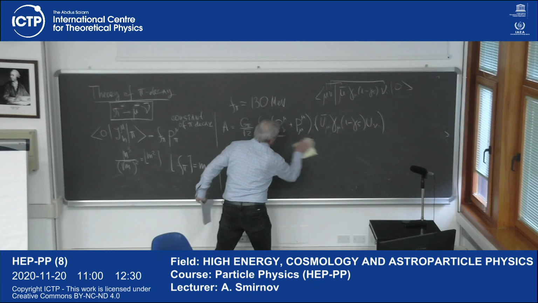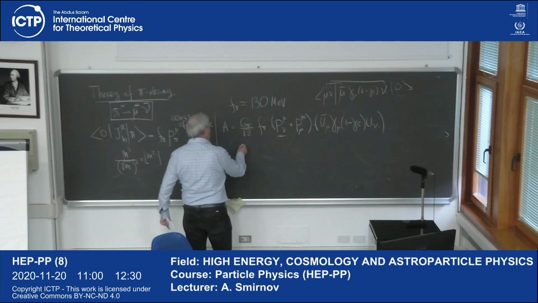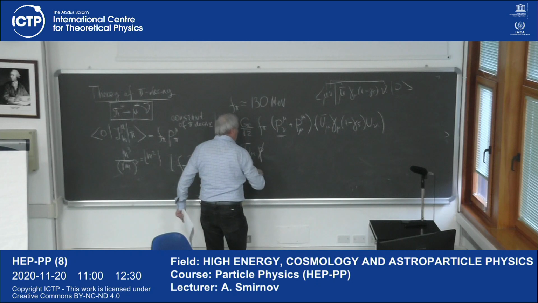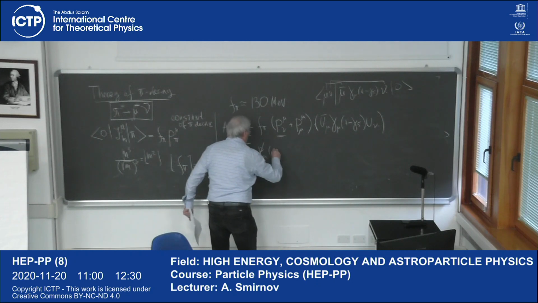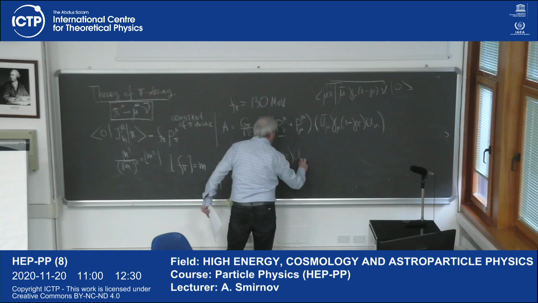And I can repeat the same thing with this P_μ. What I will get is ū_μ, and then it will be P-slash of the muon, 1 minus γ^5, and v_ν.